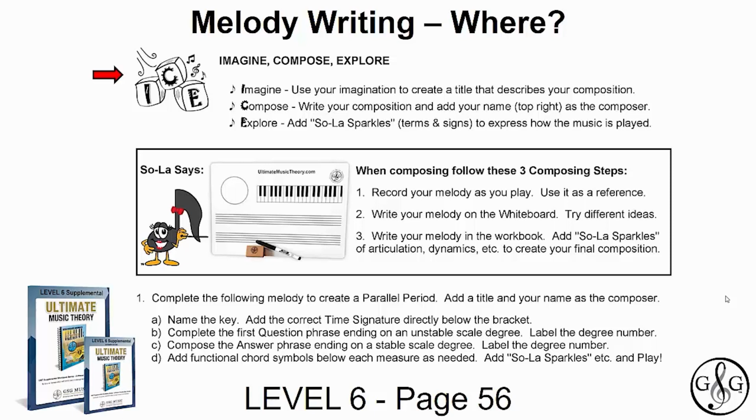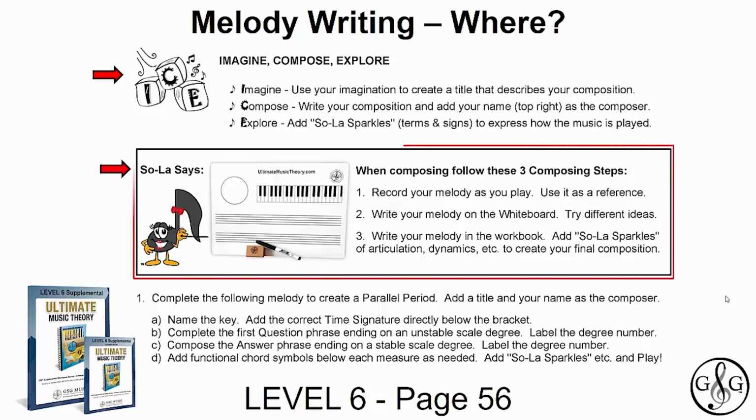Imagine. Use your imagination to create a title that describes your composition. Compose. Write your composition and add your name, top right, as the composer. Explore. Add sola sparkles, terms and signs, articulation, and so on to express how the music is to be played.